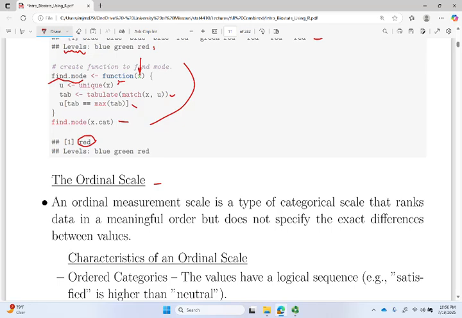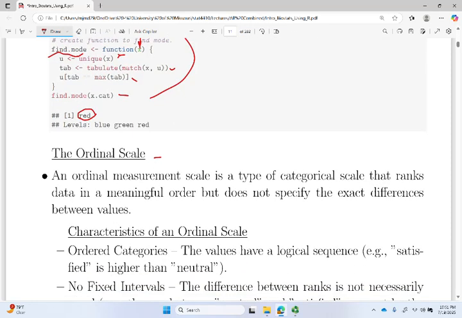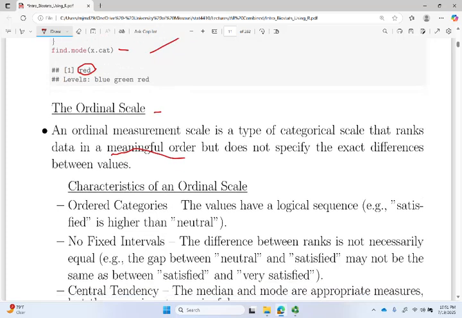Now, ordinal scale, I actually think of it just like nominal. So it's categoricals, and you have labels for your categories, but there's a meaningful order to them. But the difference between categories doesn't make sense. So the differences between low and medium and high don't have to be the same distance or meaning. There's only a meaningful order.